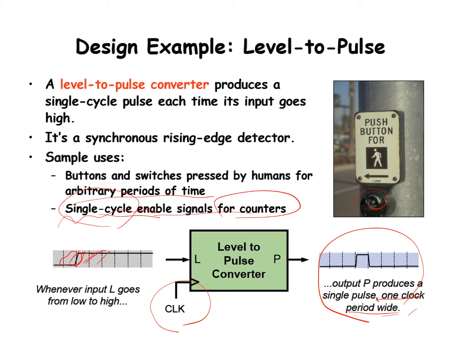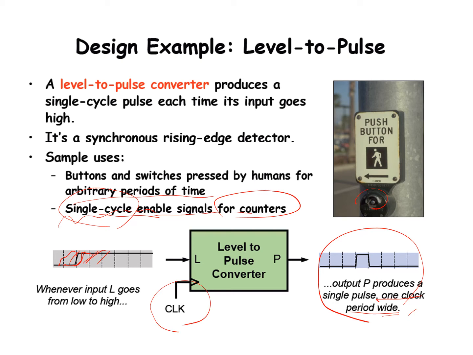So we give it a signal, and the traffic signal turns on for a certain period of time, measured by counting cycles. For example, after 1,000 cycles, the traffic light goes blue, something like that.